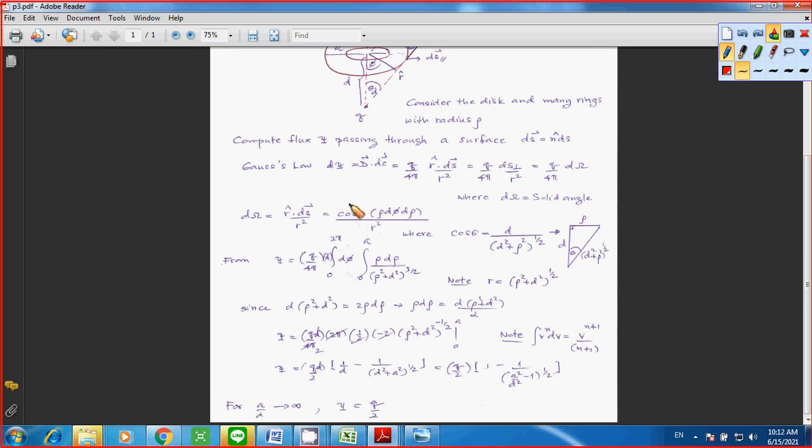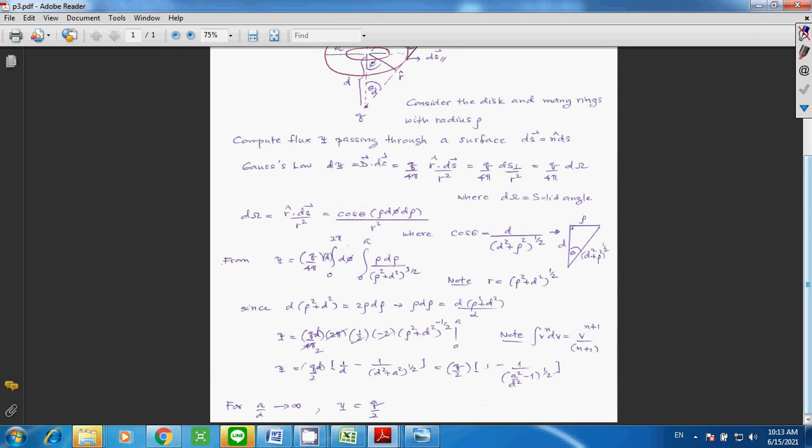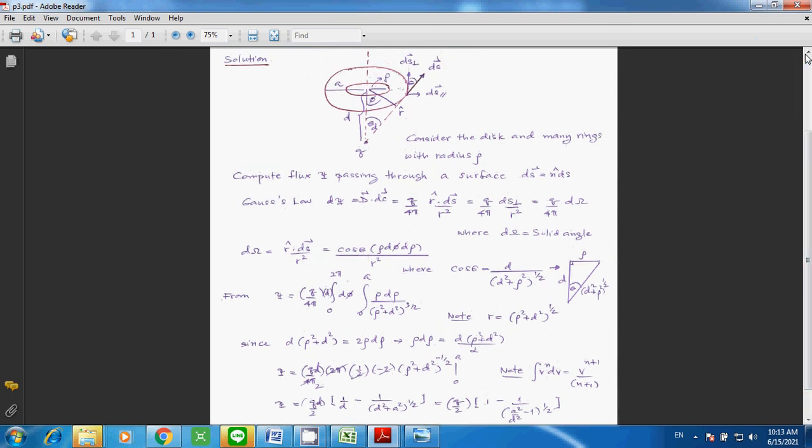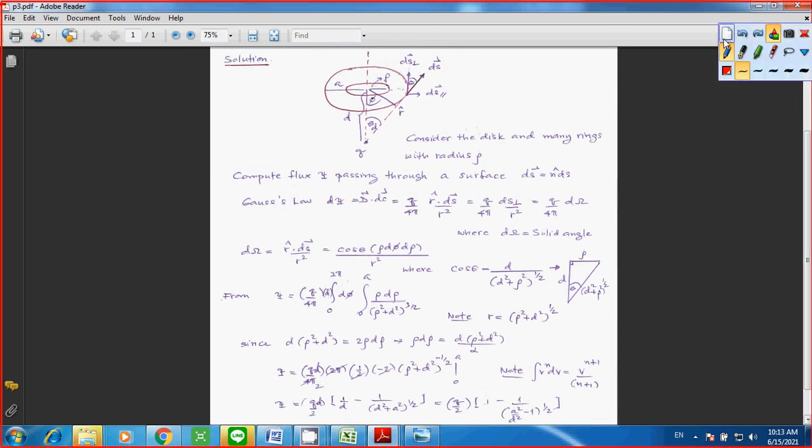And you take a look at theta. What is your cosine theta? From the picture, this is your theta. So your cosine theta simply becomes what?